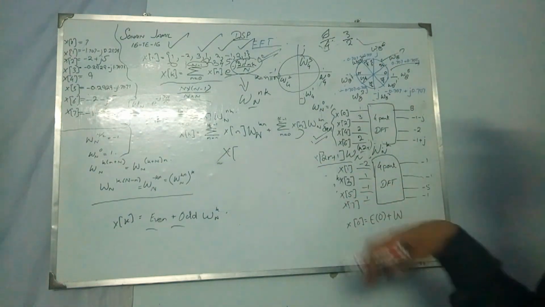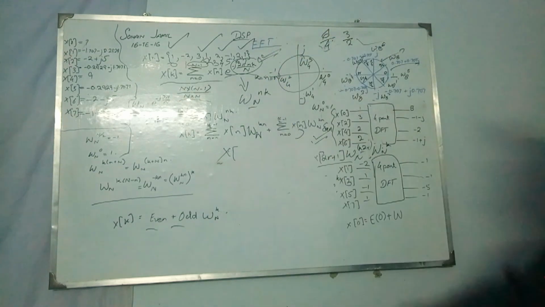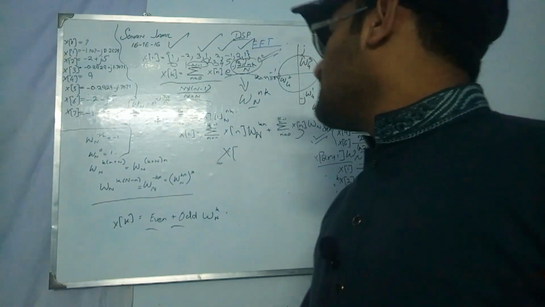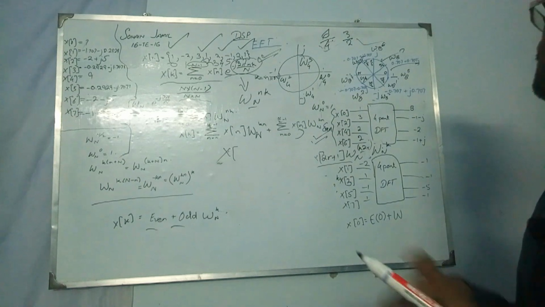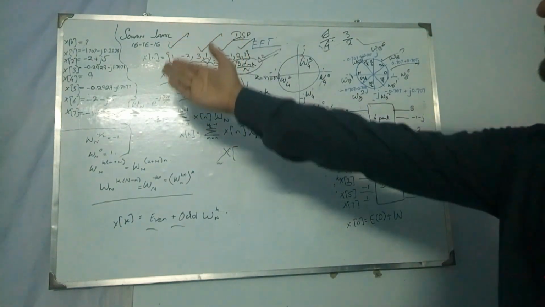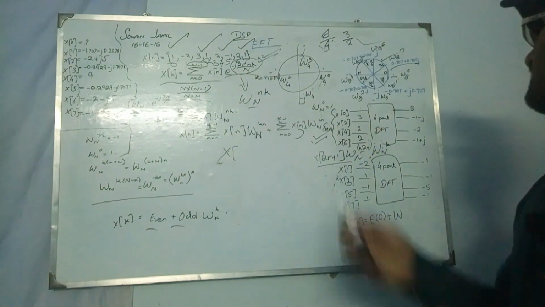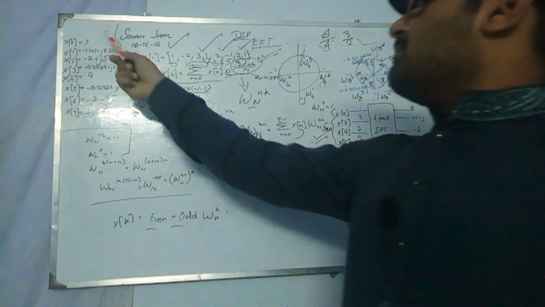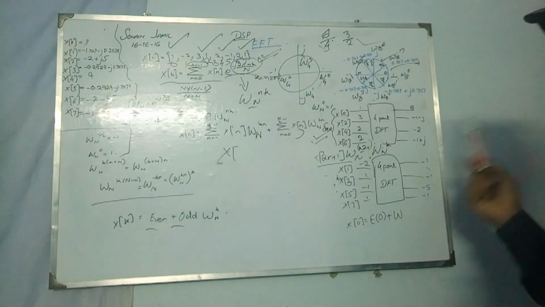Are these values equal to the previous ones that we obtained in the last lecture? Obviously not, because you can see that 8 and minus 1 were different. The first one is 7, the next one is a complex number, but here it is minus 1.